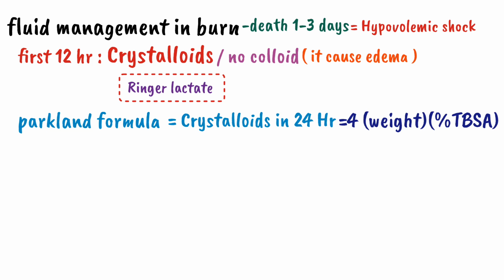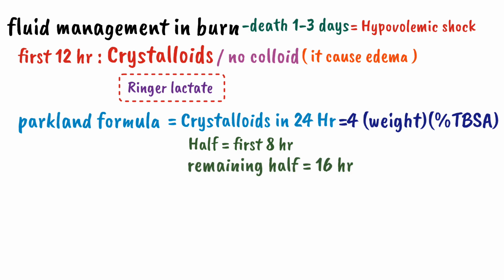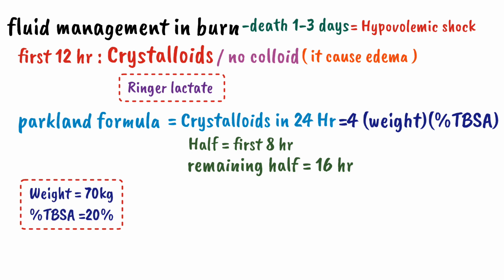But remember, the interesting and confusing thing about the Parkland formula is that of the amount of fluid calculated from this formula, half should be given in the first 8 hours and the remaining half should be given in the remaining 16 hours. Let's calculate, as it will help clarify the Parkland formula. For example, a patient comes to the emergency with burns, the weight is 70 kg and the total body surface area of burn, which should be calculated through different rules which we will discuss in another video, is 20%.